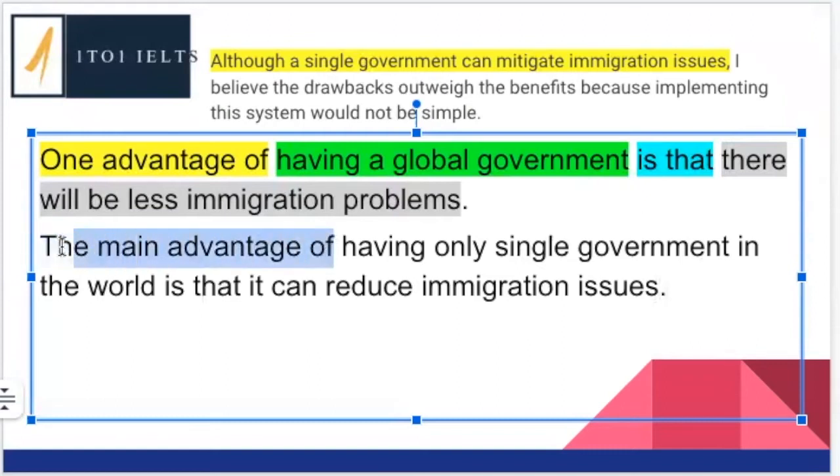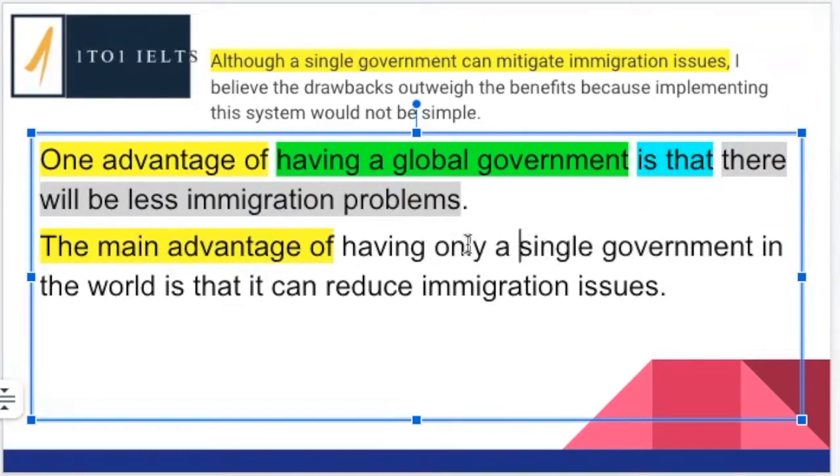So we have got of having only single government. So here we can say of having only, the government here is accountable. So having only a single government. Or you could have having only one government.